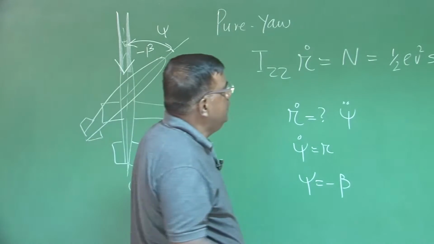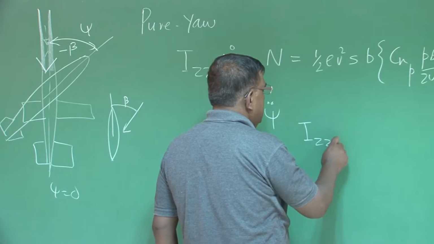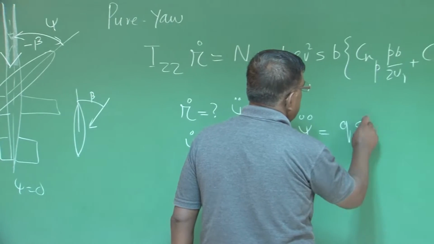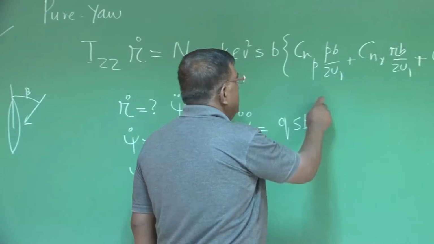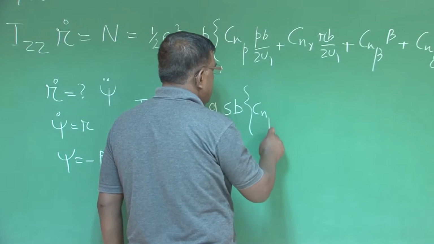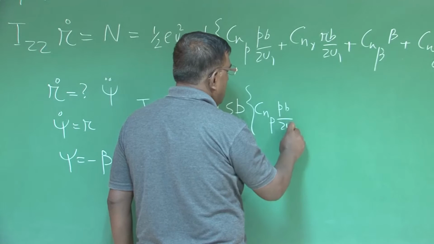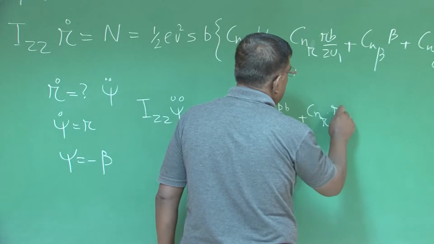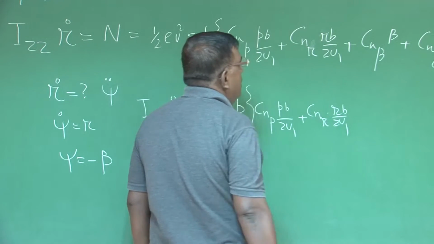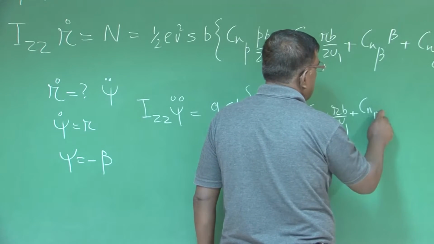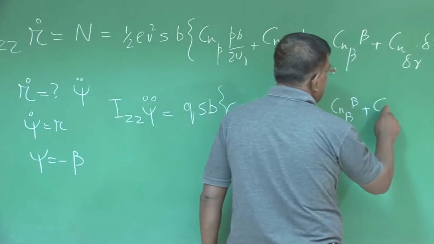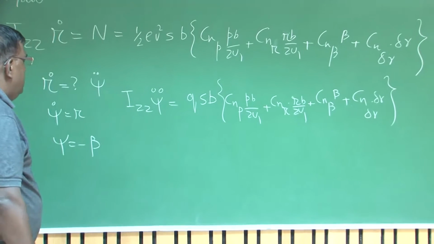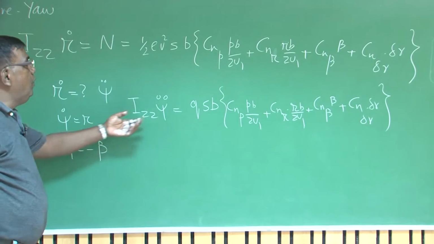So now if I translate this equation using this, then I get IZZ psi double dot is equal to Q S b, where Q is the dynamic pressure, into CNP into PB by 2U1 plus CNR into RB by 2U1 plus Cn beta into beta plus Cn delta R into delta R. But we are writing the equation in psi.